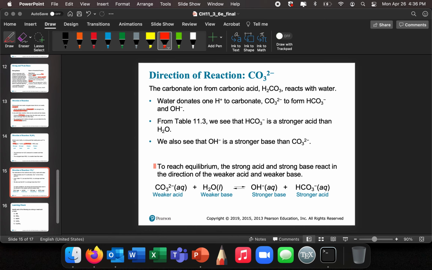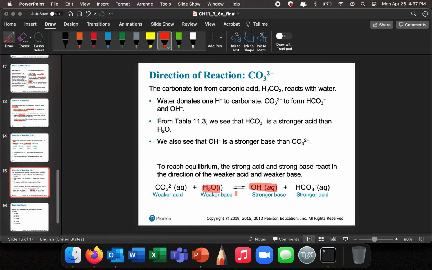Okay, let's look at another example. Here's a base, and here's a base, right?